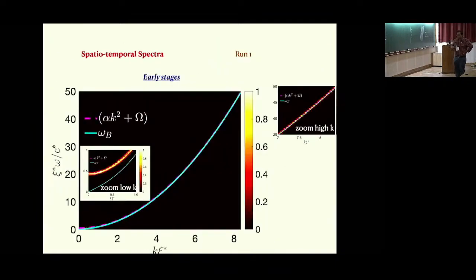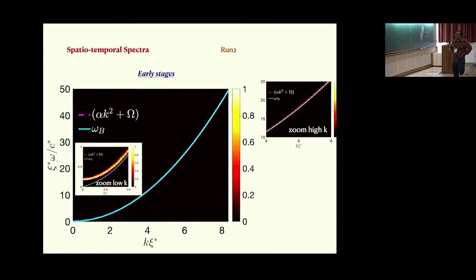Now, if you want to look at the spatiotemporal spectra for the first run, early stages, you will see a spectrum which is consistent with the 4-wave process. So you have these random waves, with this linear k square. Now in run 2, also at early stages, you see a behavior which is consistent with k square.